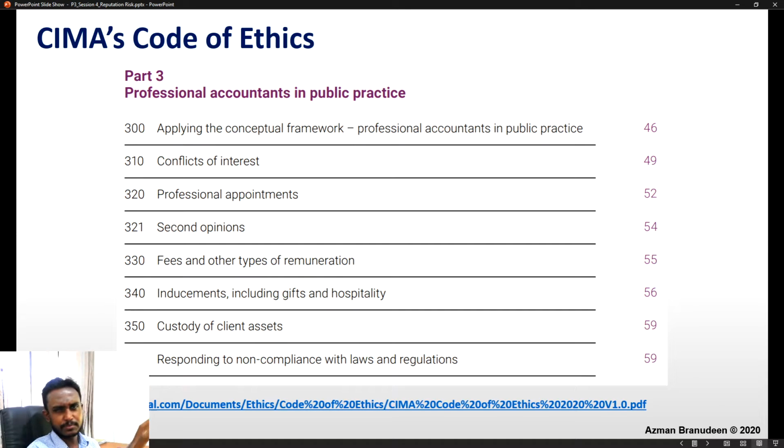So that is just a snapshot of what I wanted to make a point to show you, that CIMA takes this very, very seriously, and they commit a large amount of resources into this.